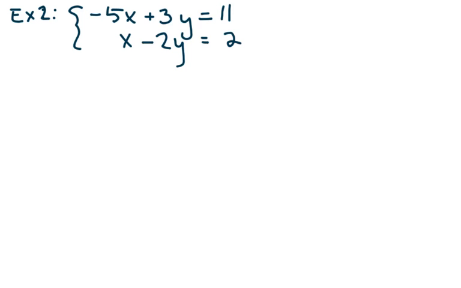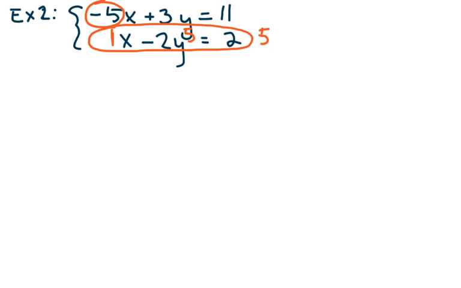So nothing eliminates if I do it that way. So that means I need to choose a variable to get rid of. And it's easy to get rid of the x's because the coefficient in front of this x is 1. And I need it to be the opposite of negative 5, so I need it to be a positive 5, so I multiply everything I see by 5.